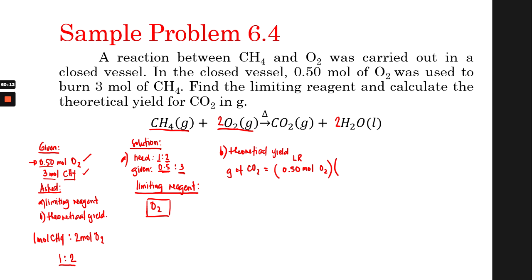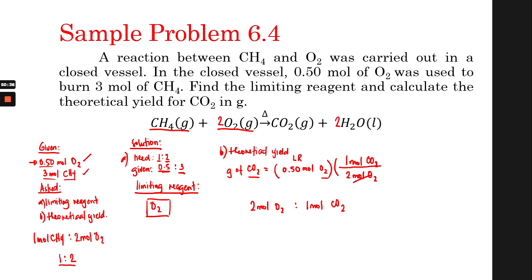This is for CO2. So you just have to find the relationship between CO2 and O2. And you know that every 2 moles of O2 gives 1 mole of CO2. So just write 2 moles of O2 here and 1 mole of CO2.